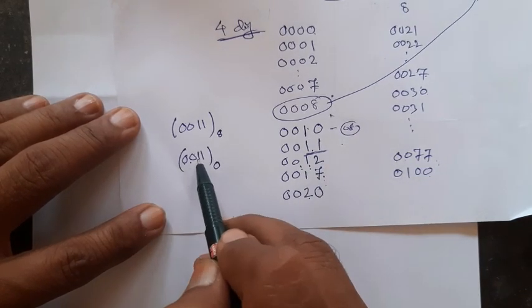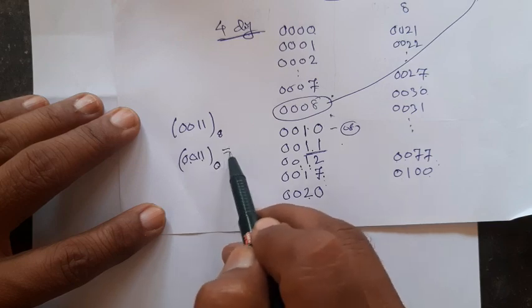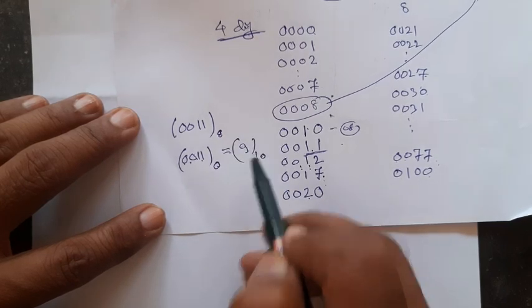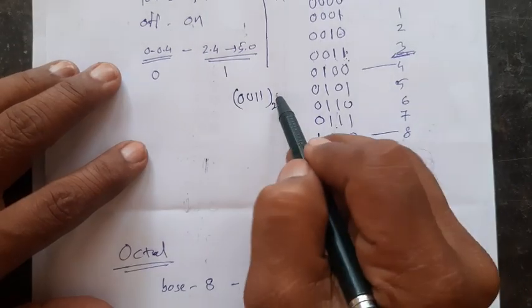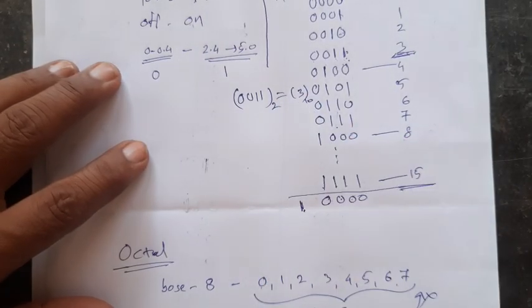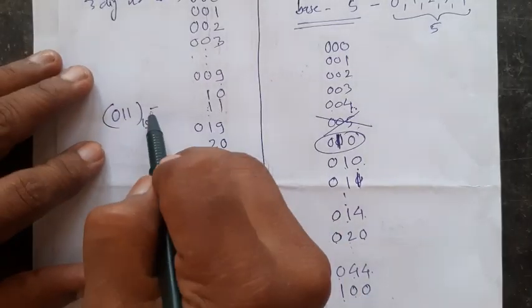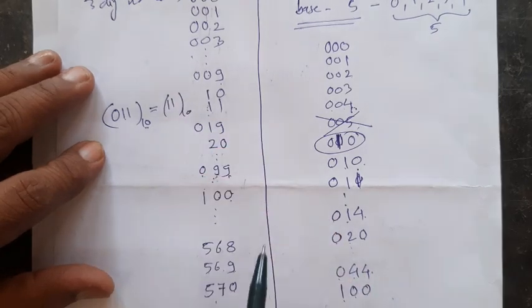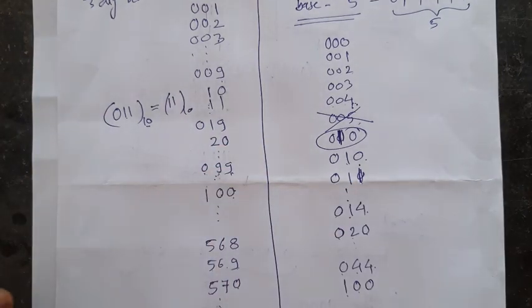Therefore 0011 in the octal number system is equivalent to 9 in the decimal number system. This is equivalent to 3 in the decimal number system, and there is no need to write this to be equal to 11 in the decimal number system because we are well familiar with the decimal number system.